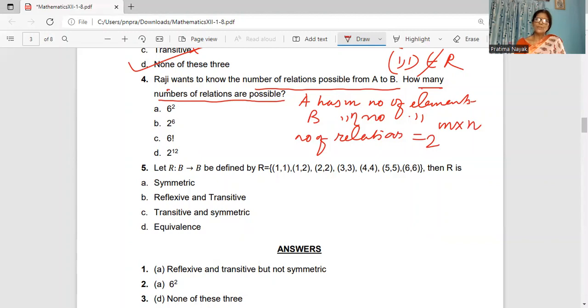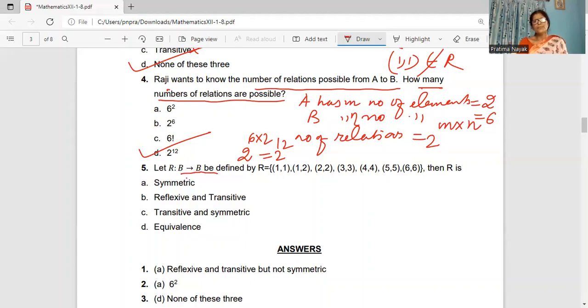So here m is 2, n is 6. So it will be 2 to the power 6 into 2, that will be 2 to the power 12. So 2 to the power 12 is the answer. D is the answer of this question. Next, coming to the fifth one.